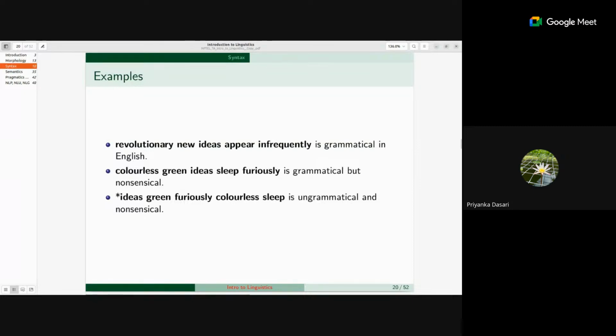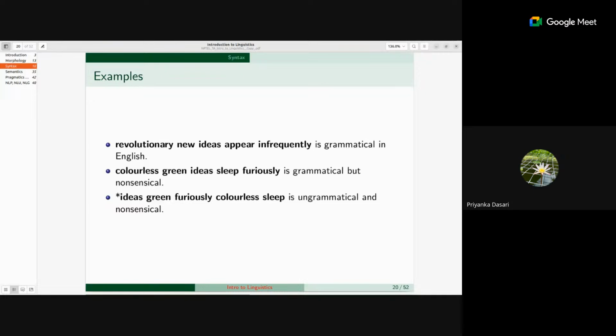In this example, "revolutionary new ideas appear infrequently" is grammatical in English, and "colorless green ideas sleep furiously" is grammatical but nonsensical. We cannot make sense of what it really means. It's completely nonsensical.